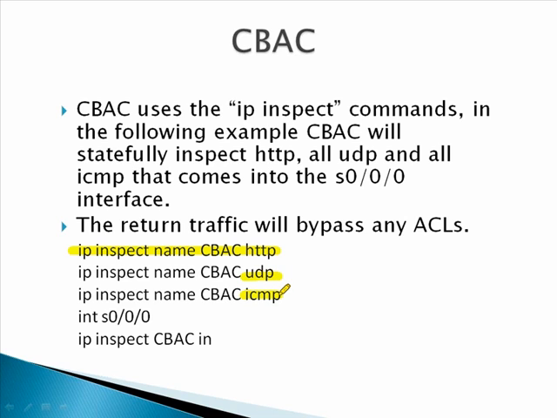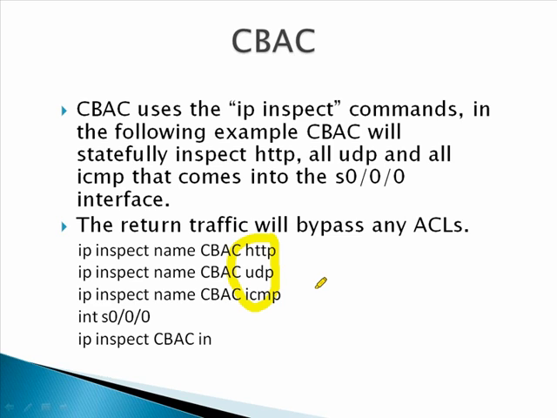I inspected ICMP. So I created this rule called CBAC, and I inspected those 3 protocols. I went to my interface and typed IP inspect CBAC in. Now, any packet that comes in to that interface that matches one of those protocols listed here is going to be statefully inspected.